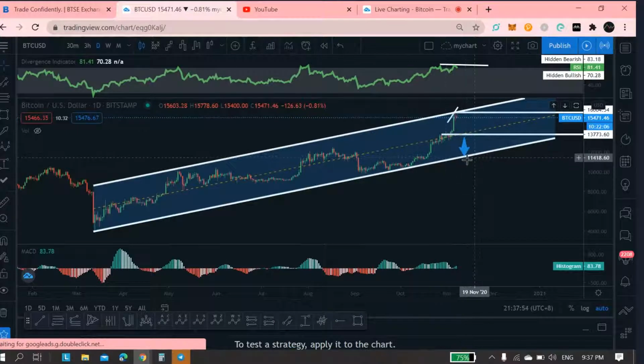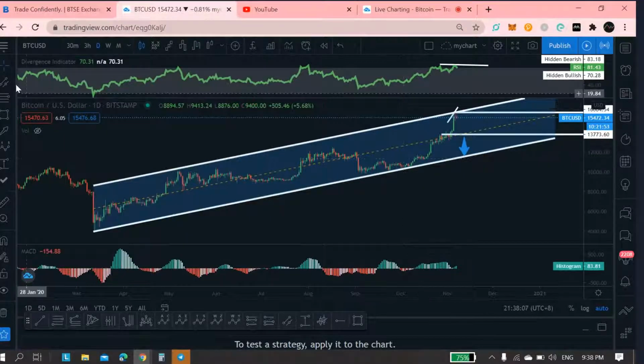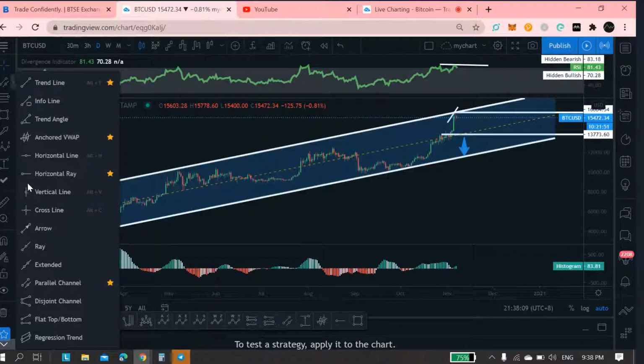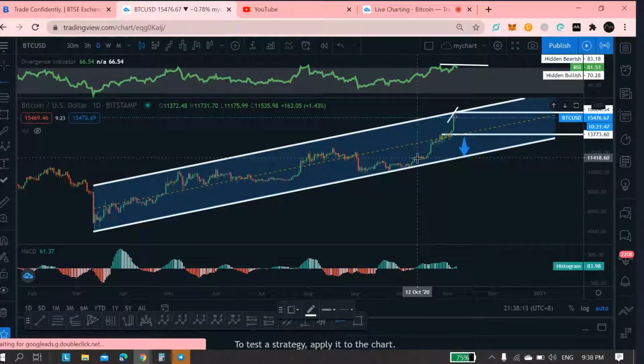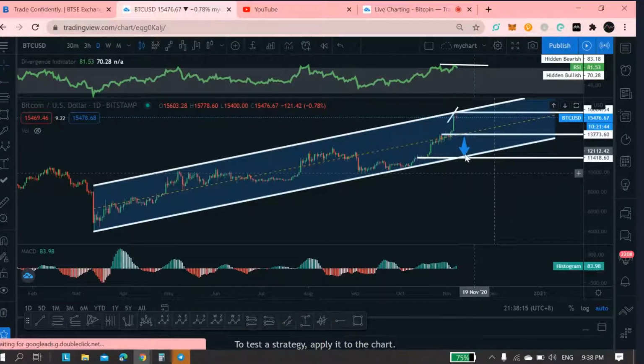So it depends on where the candles try to retest this support area. But I'm looking at around the 11,500 area. However, that can also be adjusted depending on where the candle will try to retest this support trend area.